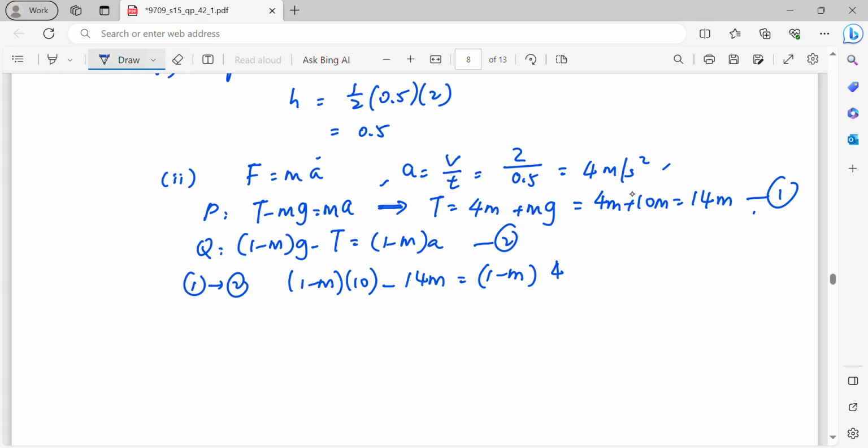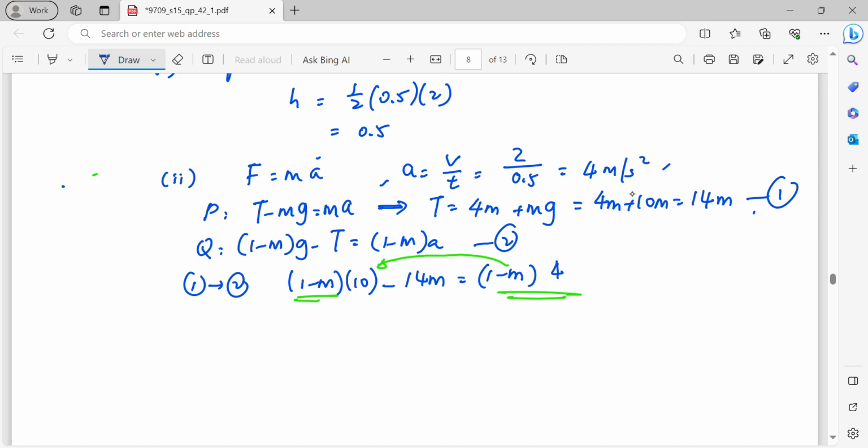Now I will have to do expansion. Basically, you will notice that (1 minus m) is in common, so you can move this to the left-hand side. It becomes minus 4 of the same term, so 10 minus 4 is basically 6.